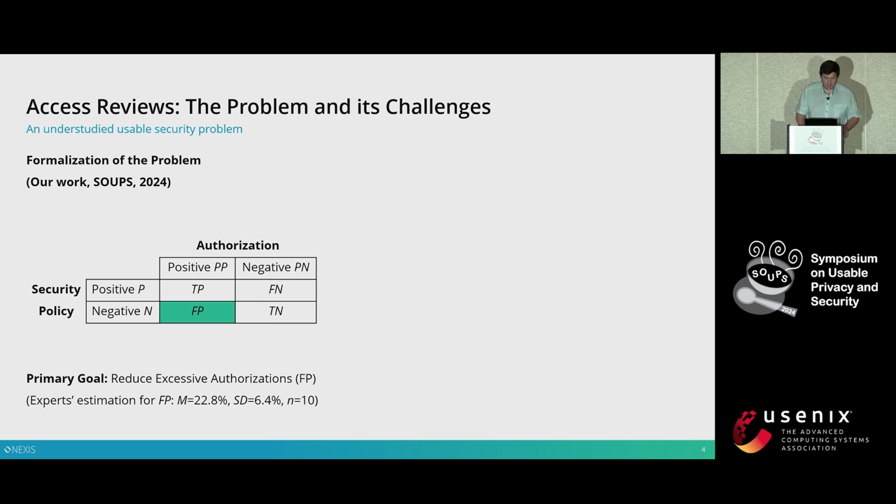The primary goal for access reviews is to reduce excessive access, so the false positives. And we asked our experts how big they think the chunk of excessive access is in organizations. They responded with about 20% to 25% excessive access, which is quite high.